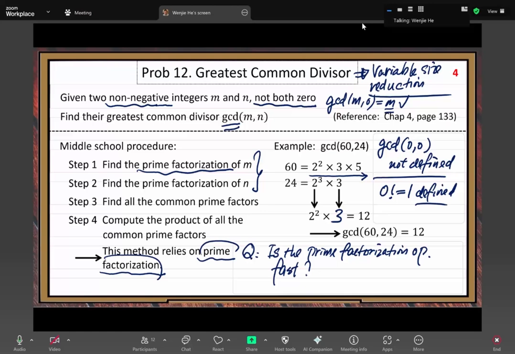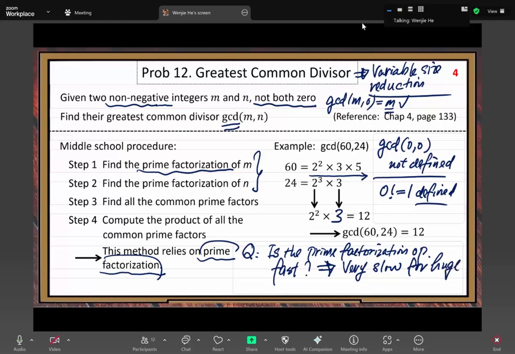Because you need to apply the prime factorization operation twice. So the answer: very slow for huge numbers, okay?